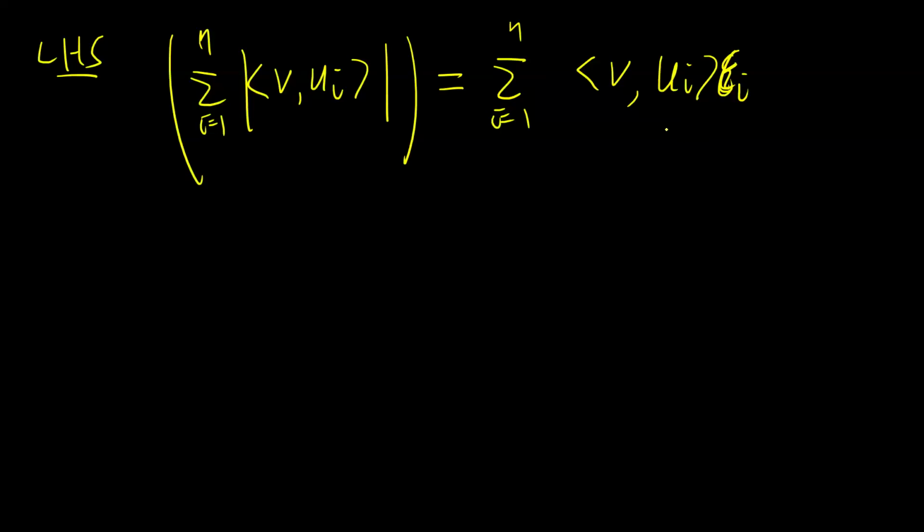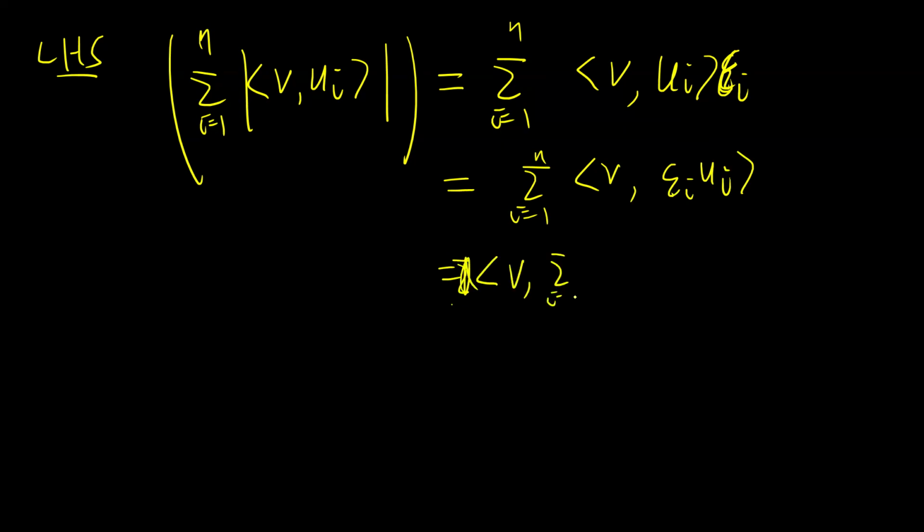Now it's very simple. I can write this as the inner product of V and the sum from i equals 1 to n of epsilon i Ui. Now it's two vectors, so I can use Cauchy-Schwarz.